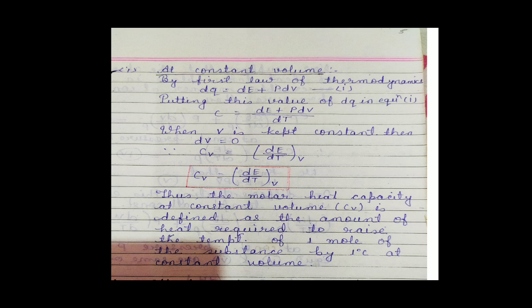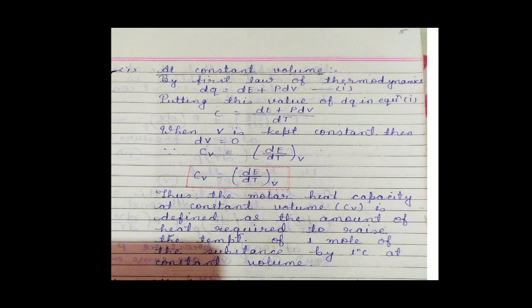At constant volume, by the first law of thermodynamics, dq is equal to dE plus PdV. Putting this value of dq in the first equation, C is equal to dE plus PdV by dT. V is kept constant, so dV must be equal to 0.